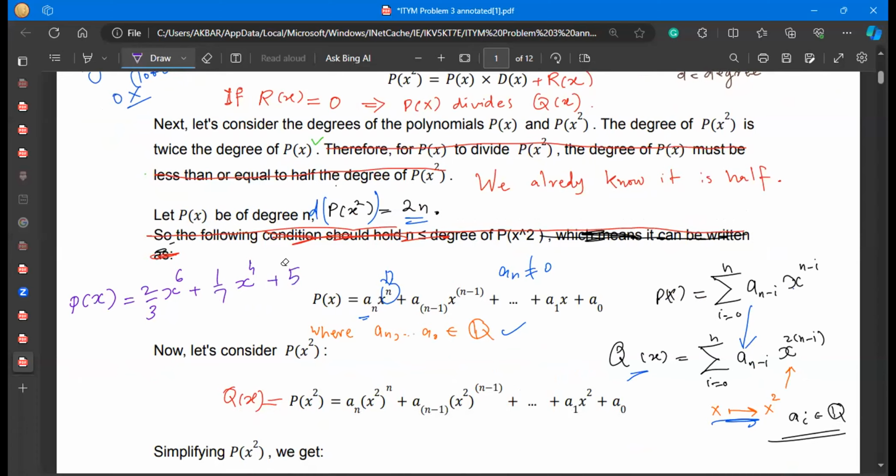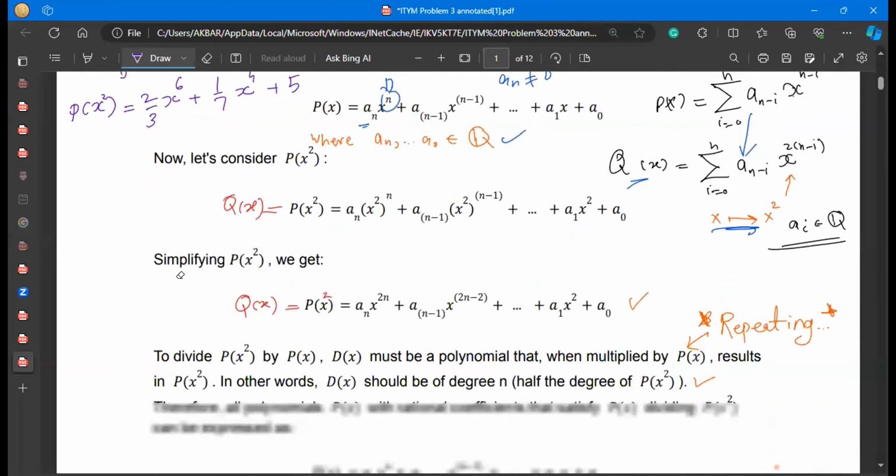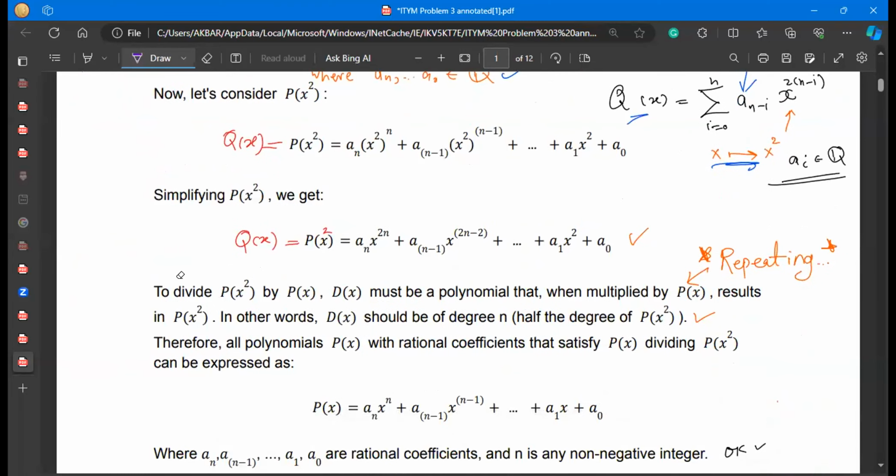Now this is p of x squared, so we have to check when p of x divides this thing. That is what we have to answer in this problem.